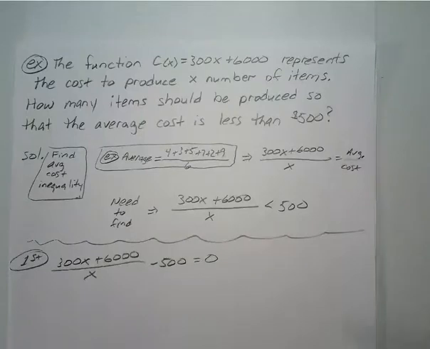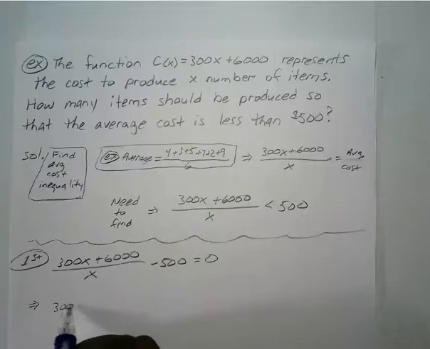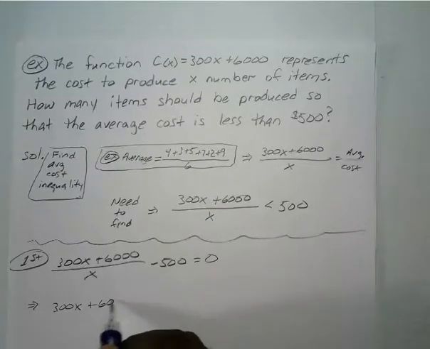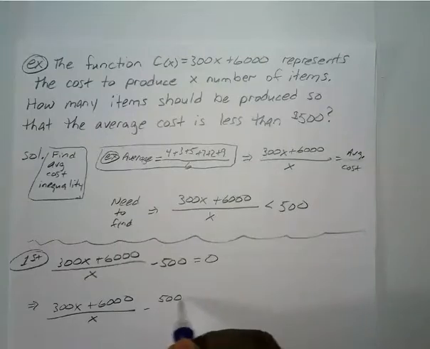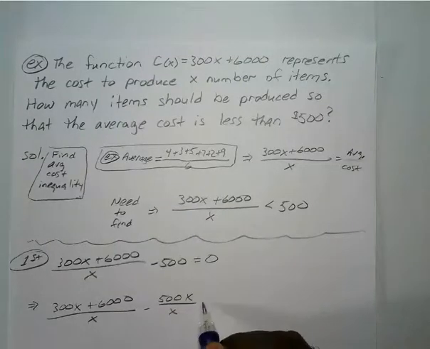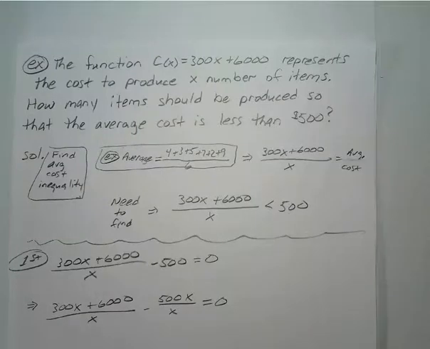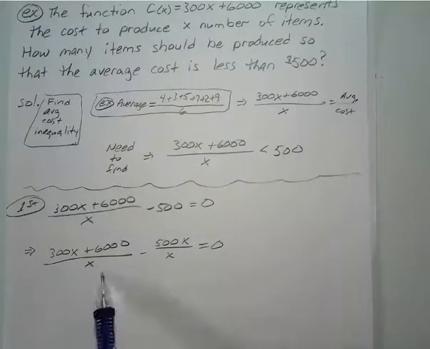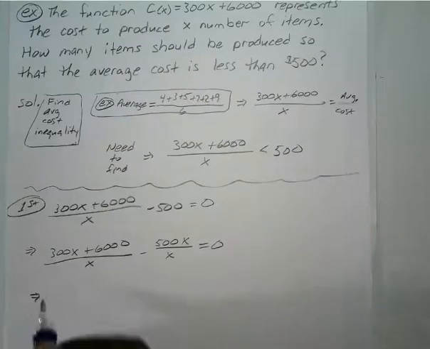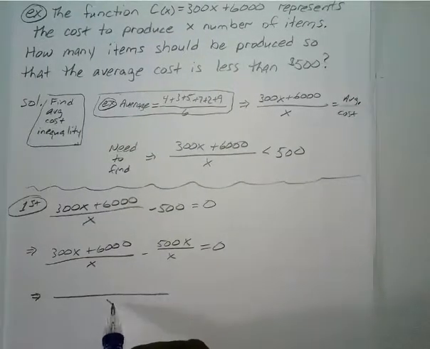We can't add or subtract or make that just simply one equation unless we have common denominators. So we have 300x plus 6,000 over x minus 500x over x equals 0. Now we have our like denominators.